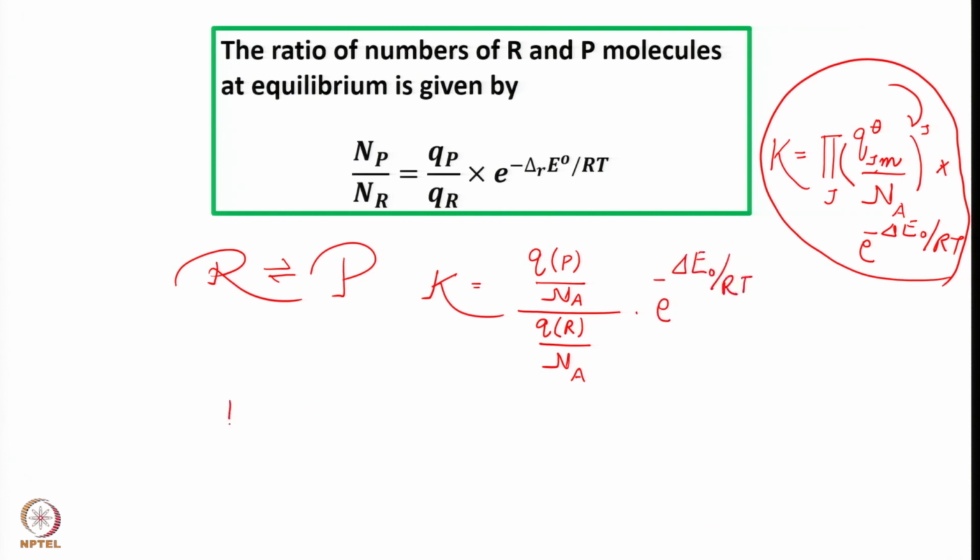Rearranging this, I have K is equal to Qp over Qr into exponential minus delta R E naught by RT.